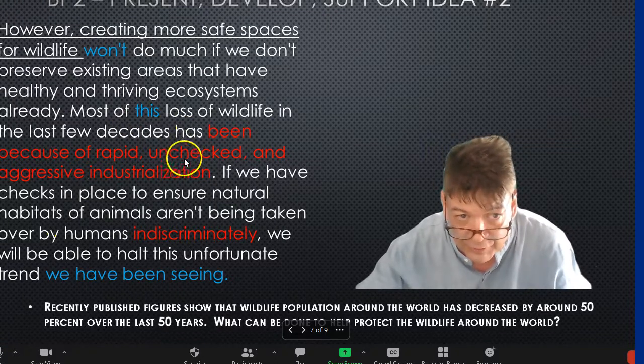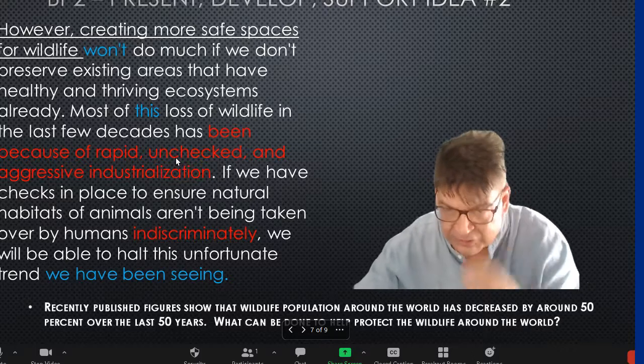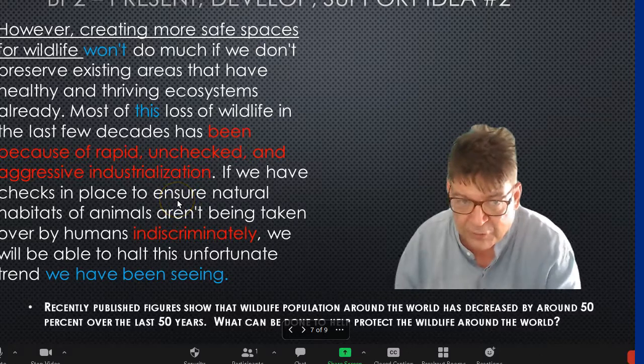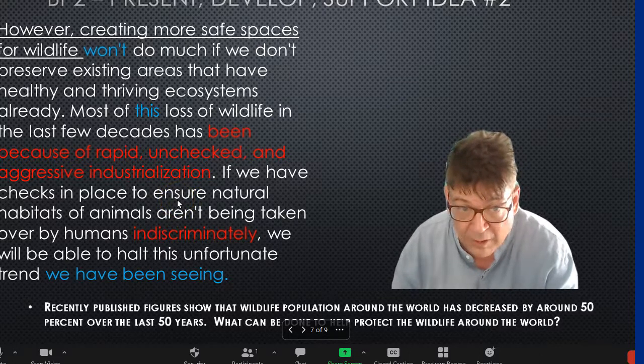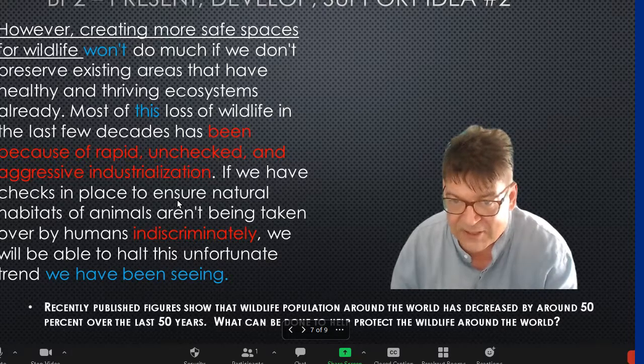You're not asked, first of all, to describe what the causes are, just what the solutions are. And you do say, well, one solution would be to have checks in place. What checks? That's the question.